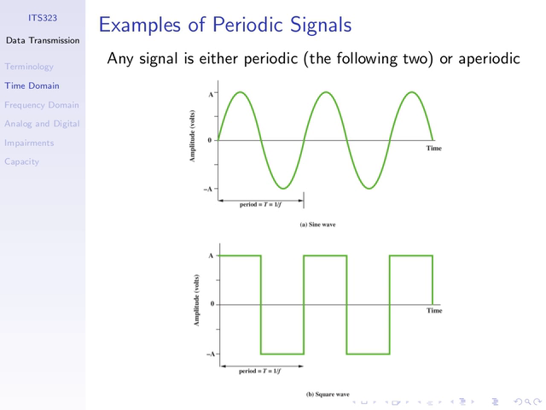If the period, that is, if this duration is 10 seconds, then the frequency of that is 1 divided by 10. The frequency is just the inverse of the period. This is basic high school physics. Nothing new here.